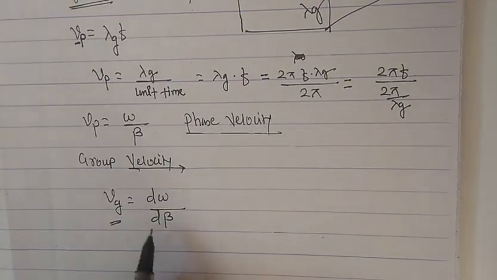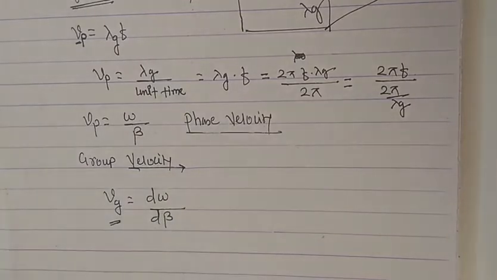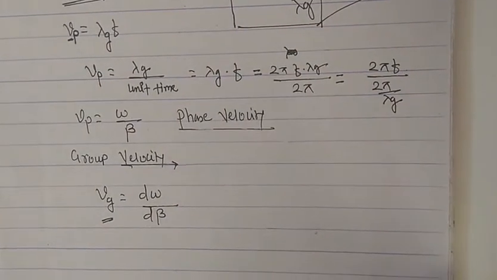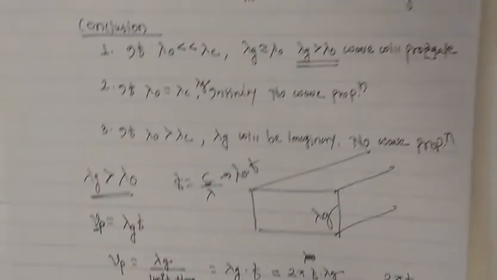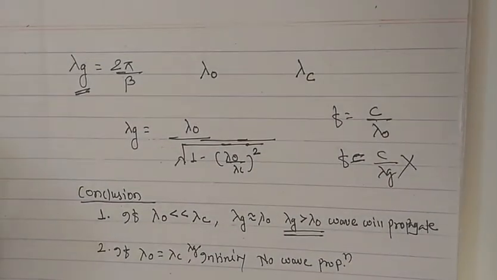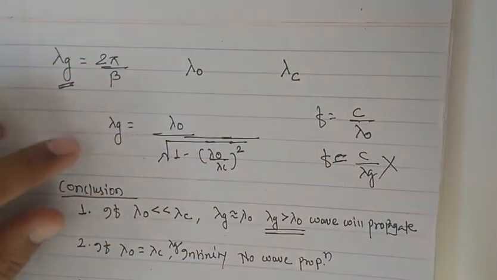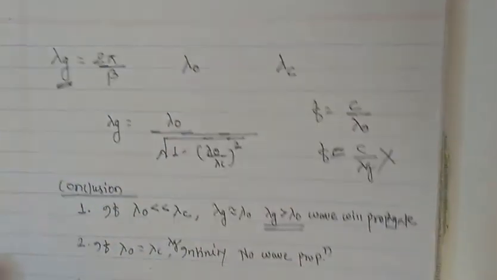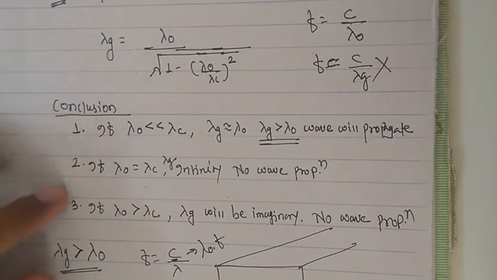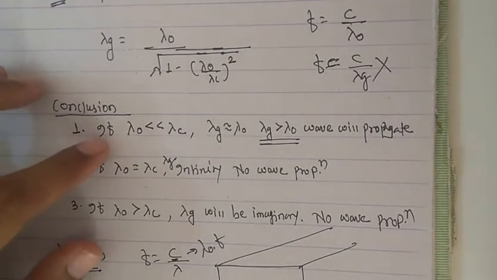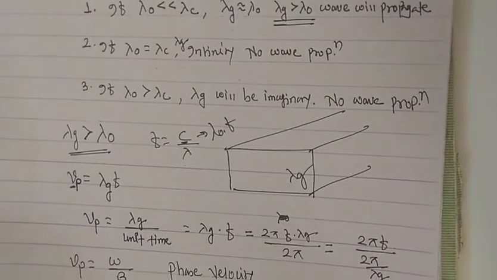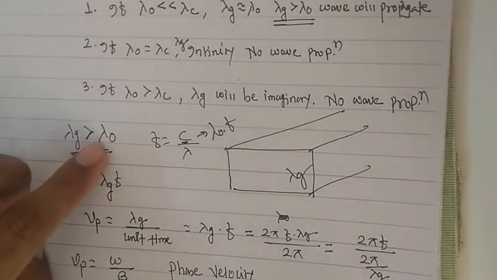And we said that this is the rate at which the wave propagates through a waveguide, so d omega by d beta. What we did is define lambda g, which is the wavelength inside the waveguide. We know lambda 0 and lambda c. We have written the interrelation among them, and drawn some conclusions depending on the values of lambda 0 and lambda c. We concluded that for wave propagation inside the waveguide, lambda g has to be greater than lambda 0.